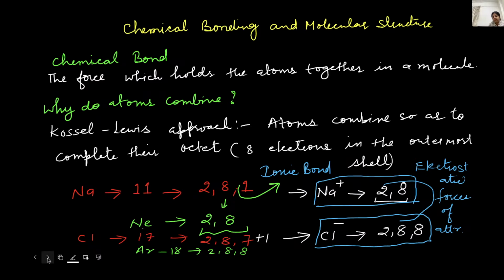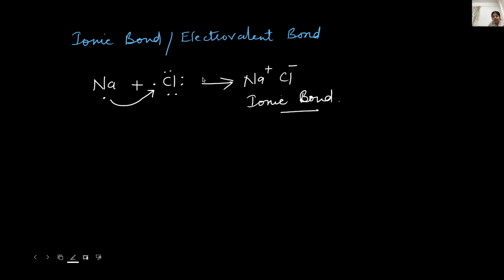The first type of bonding that we are stating here is ionic bond. Now what is ionic bond? You have understood this example in which the sodium atom has 1 extra electron because of its 2, 8, 1 electronic configuration. Chlorine has 2, 8, 7 electronic configuration.